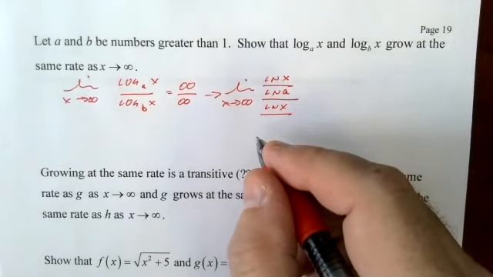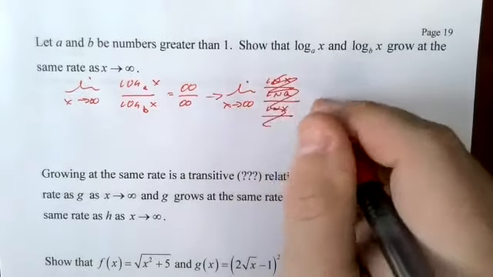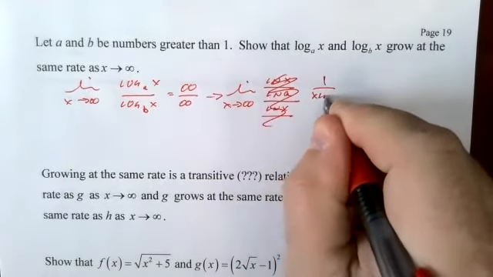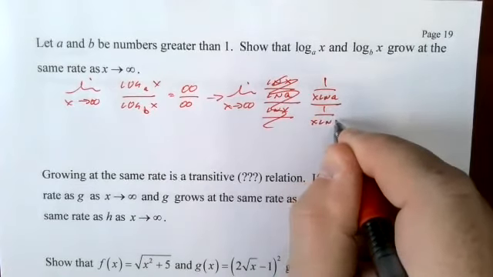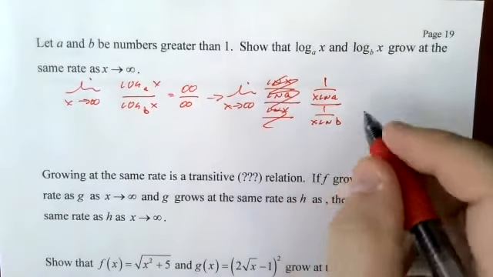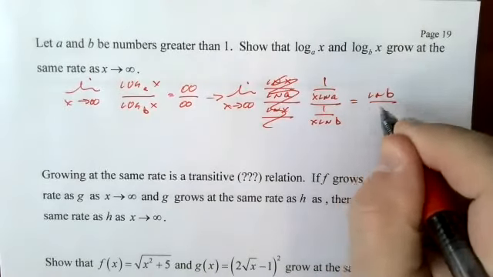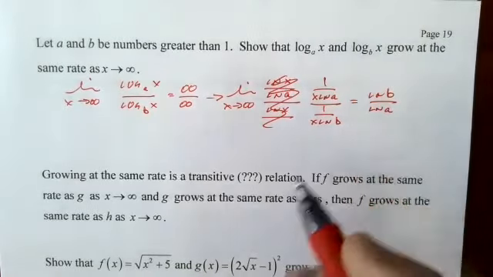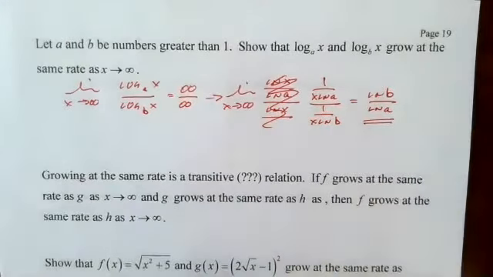That doesn't feel right. I don't know where I'm getting ln of x. Let's fix that: 1 over x ln of a, 1 over x ln of b. Weird. I hate it when I make mistakes in my notes. Flip it, and we get ln of b over ln of a, which isn't 1, is a constant, which means they grow at the same rate.